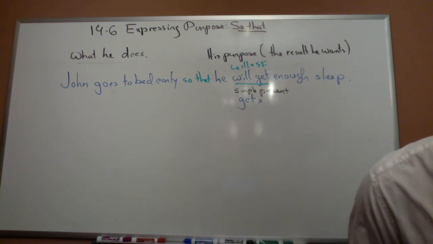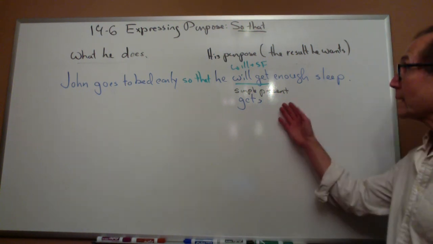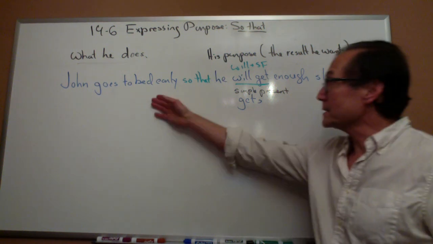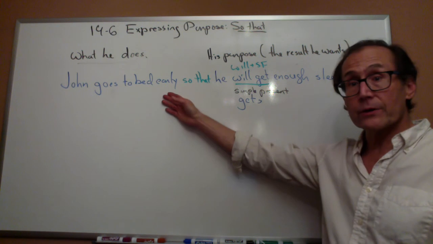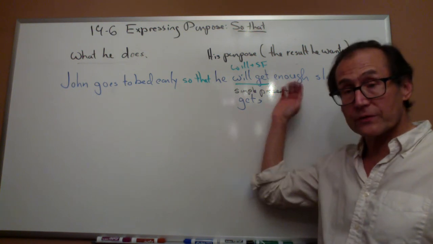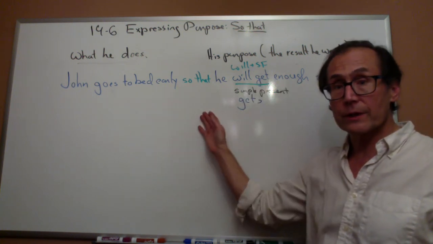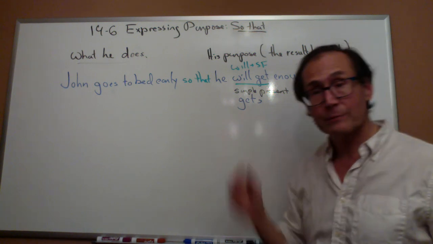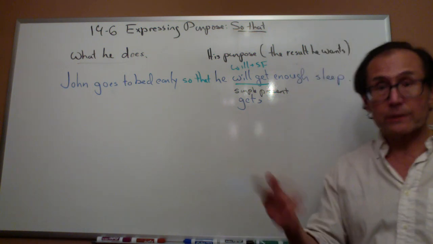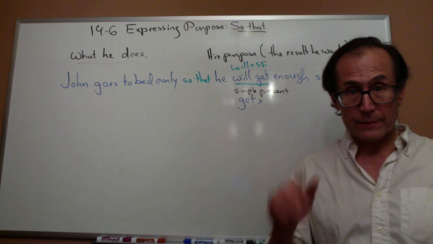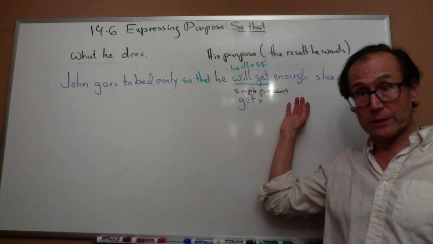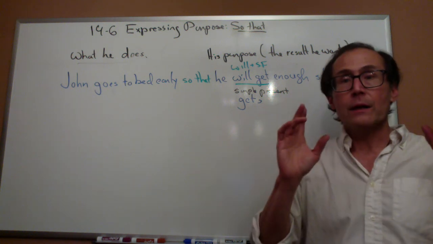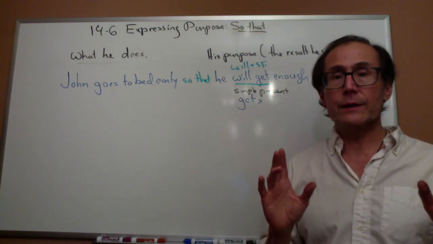So he does this so that he has this result in the future. He goes to bed early so that he will get enough sleep, or he goes to bed early so that he gets enough sleep. To an English speaker, they mean the same. It means this is what he does, this is the result that he wants. This is his purpose.